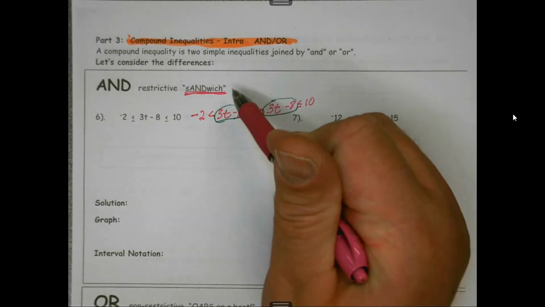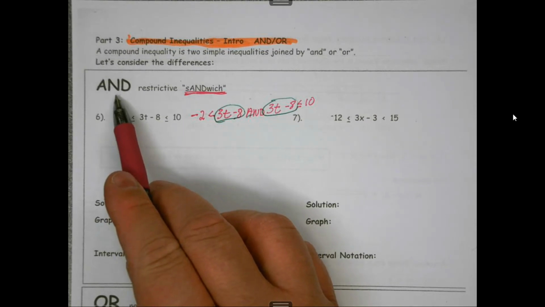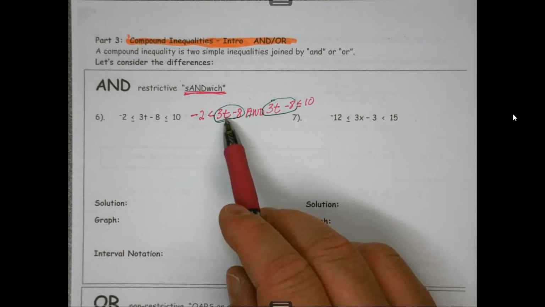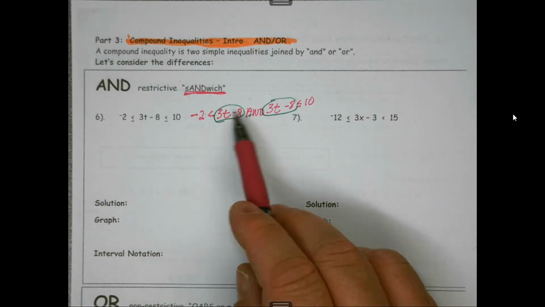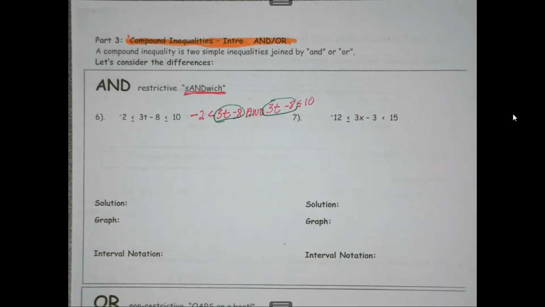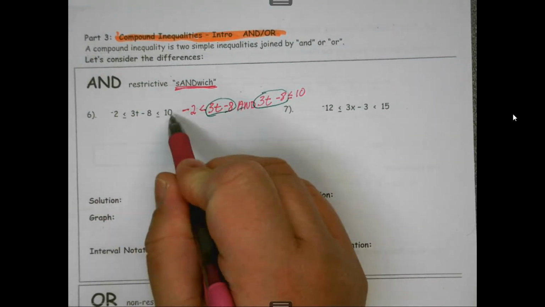"And" means that the solution has to satisfy this inequality and this inequality. So when you see this sandwiched inequality statement, it's actually two inequality statements.